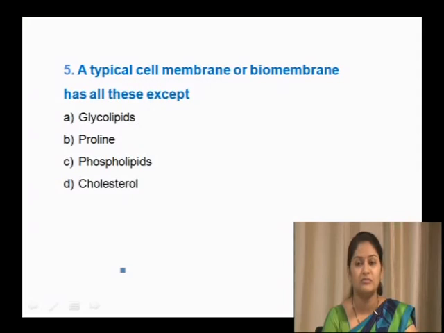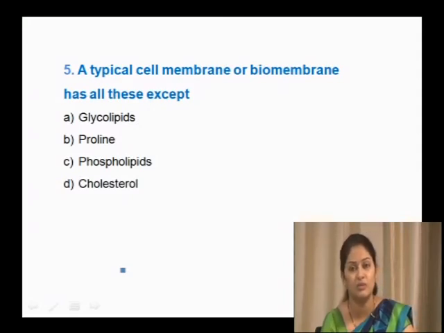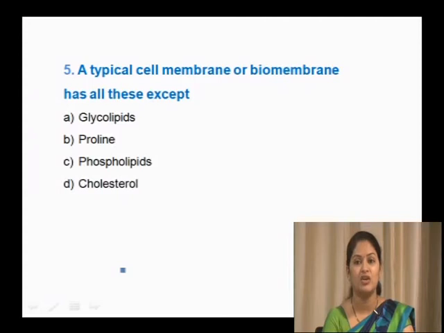And then we have different kinds of sugars classified into glycolipids and glycoproteins. What is not found in plasma membrane is option B, proline. Proline is an amino acid, so it is not directly a part of a plasma membrane.